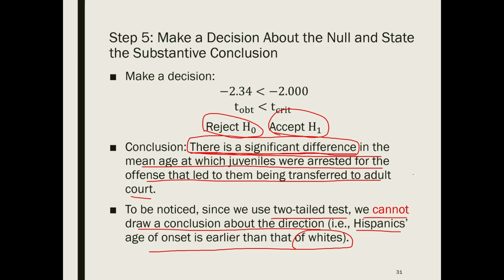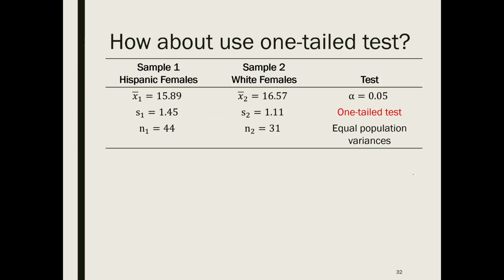Okay, what if you wanted to say the direction? Then you have to use a one-tailed test to assume the direction. And what is the direction you reasonably guess? Your reasonable guess is that the tail will be on the left, right?